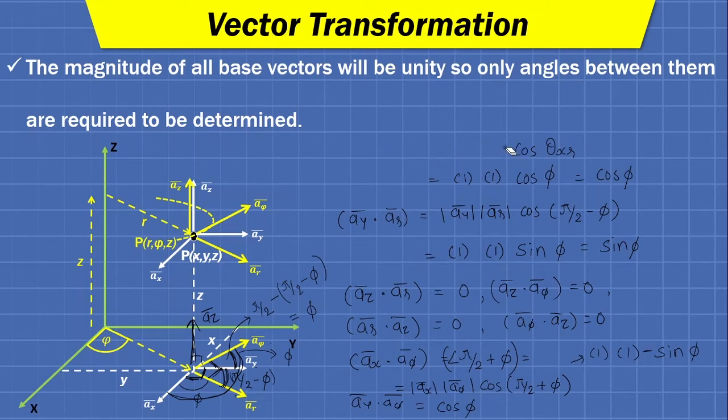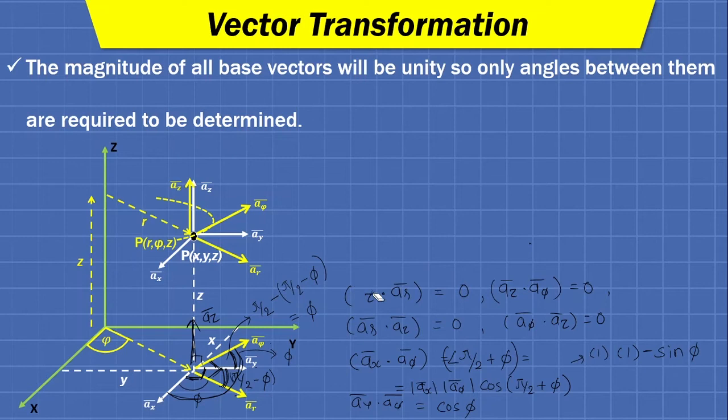Here the visualization of angles is a very important factor, because once you are clear about what angle each base vector of the Cartesian coordinate system and the cylindrical coordinate system makes with the others, you will be more confident to derive this formula on your own.